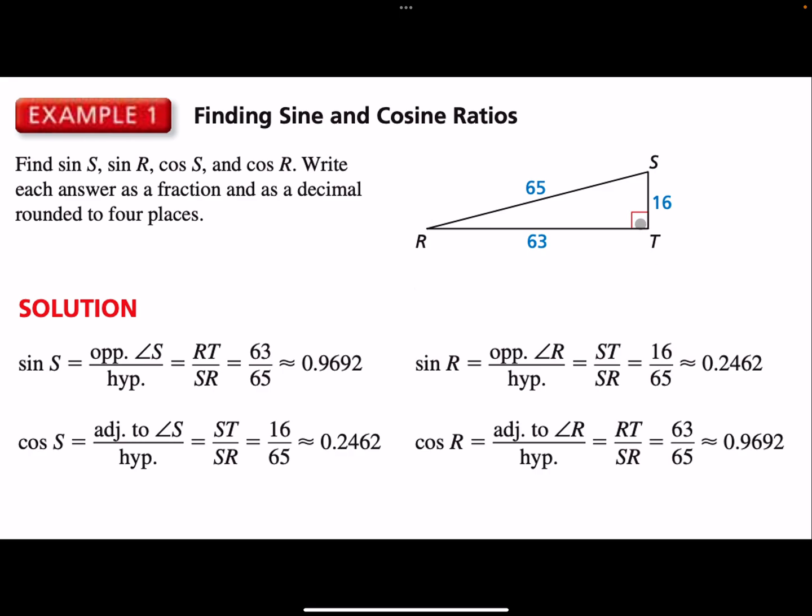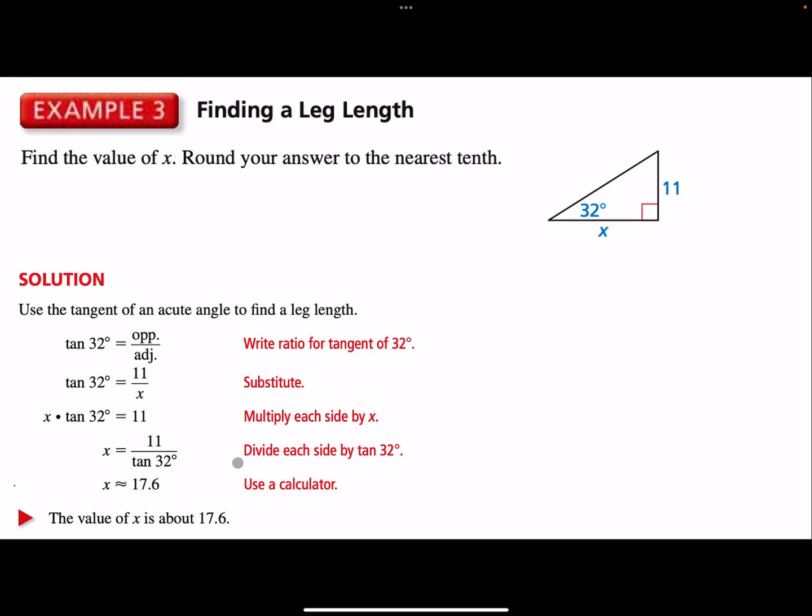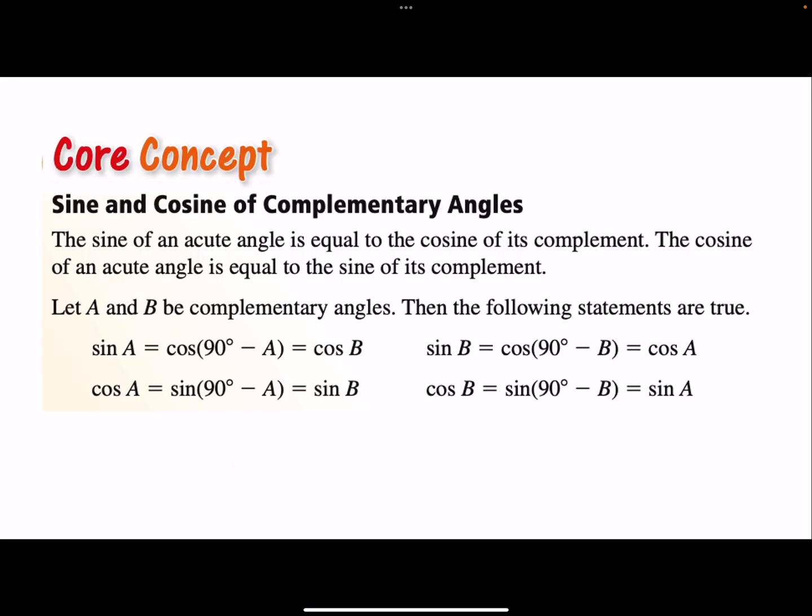And since this is already 90, then if I add angle s and r, it gives me 90 as well, okay? So, sine of s is technically equal to the cosine of r. The sine of r is equal to the cosine of s. That's exactly what this core concept is saying.